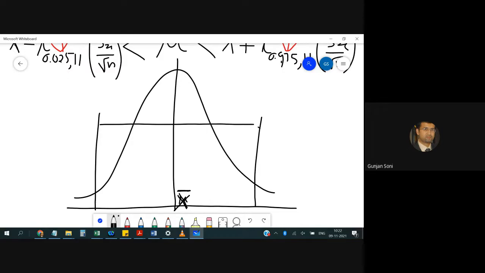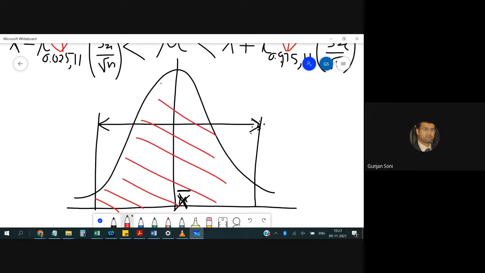That means the area under the curve between these two limits is 95%. The remaining area is 5%.